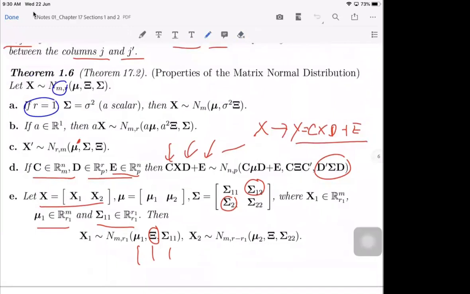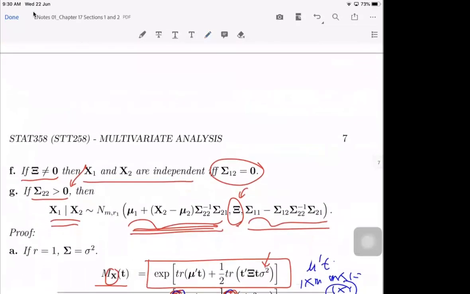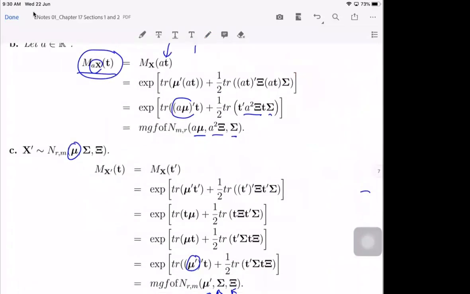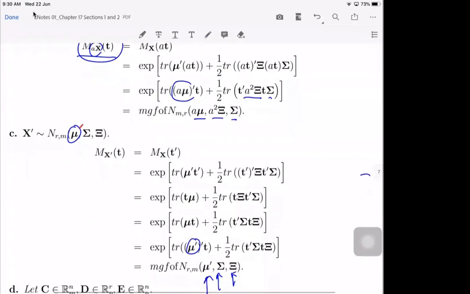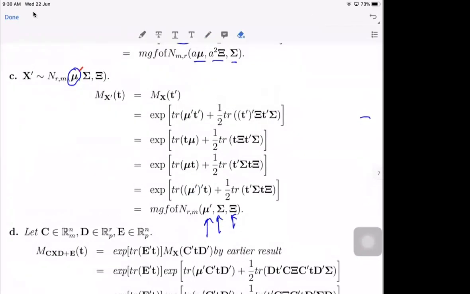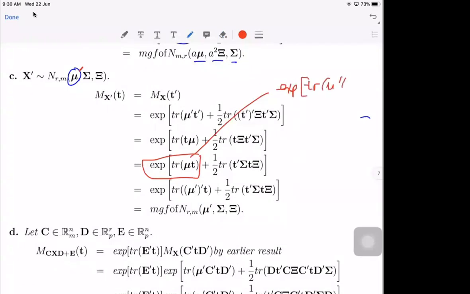Okay, your x is mu, but prime, mu prime. And then in the notes, just correct your notes. Here it should be mu prime. But in our proof, our proof is correct, no? It should be mu prime because your form is this. But we want the form exponential of the trace of mu prime t plus 1/2 t prime psi t sigma.